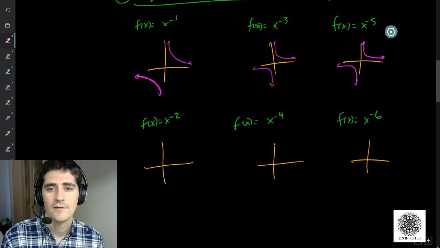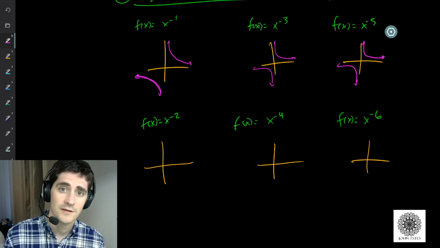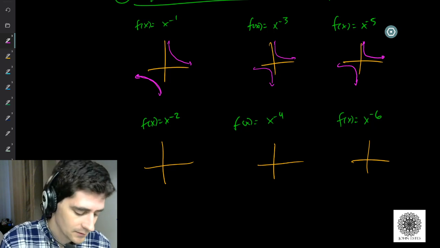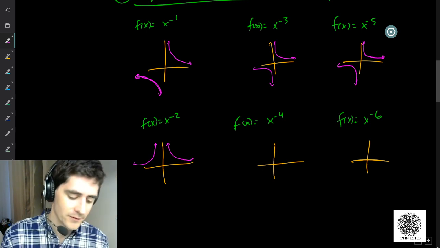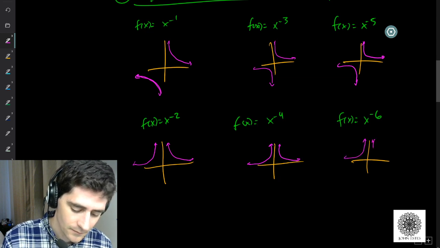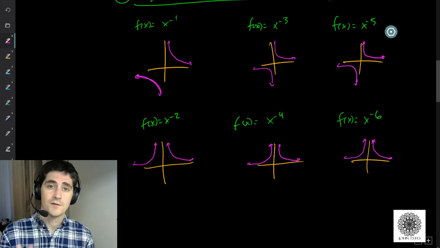But they all have a similar shape to them, right? They occupy the first and the third quadrants. They can't cross the line x equals 0. Okay, for the negative 2, it's a similar deal, except instead of the third quadrant, I'm in the second quadrant. And the same for all my even powers. So these are how the negative power functions operate.